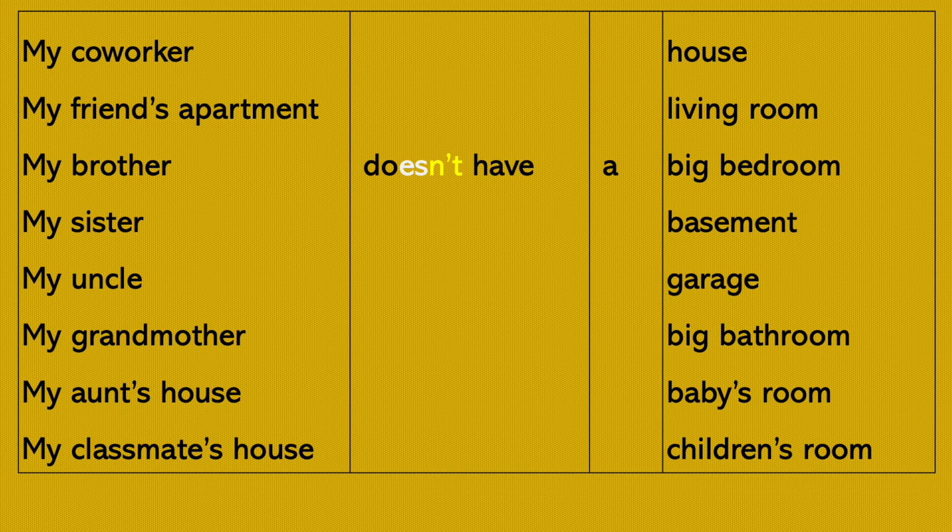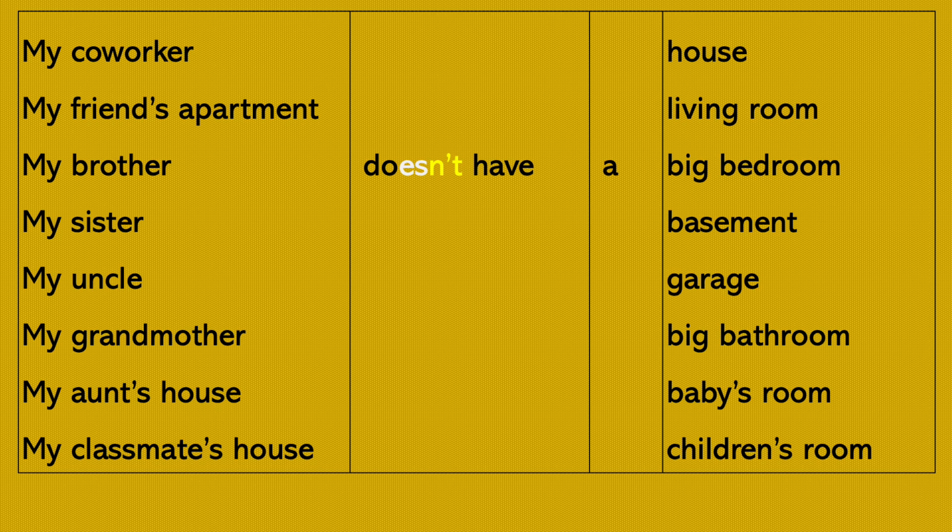My aunt's house. So here it's different. This is a possessive. That means it belongs to the aunt. This is not my house. This is the aunt's house. The owner is the aunt. My aunt's house doesn't have a baby's room.